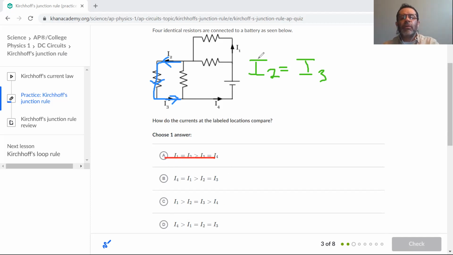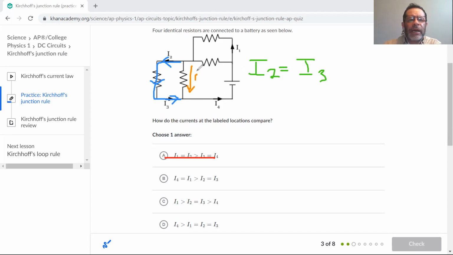Now, what's going to happen here? Let's assume that I4 is the larger current. So this current is coming over here, and there's going to be a current going through this resistor, and another current going through this resistor here. We haven't put a name to that current.